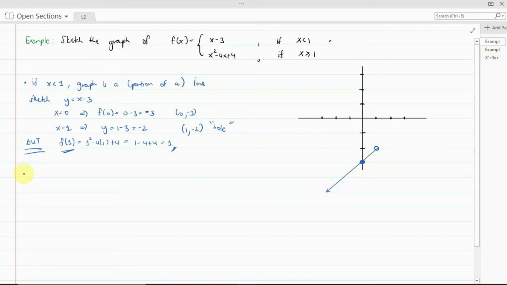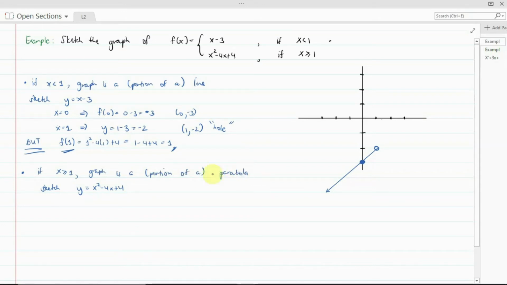Okay? Next, if x is greater than or equal to 1 naman, what do we sketch? We sketch this parabola y equals x squared minus 4x plus 4. So, sinabi ko na, our graph is a parabola or a portion of a parabola.